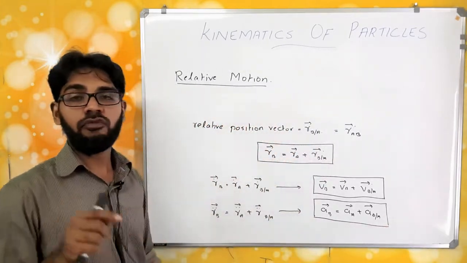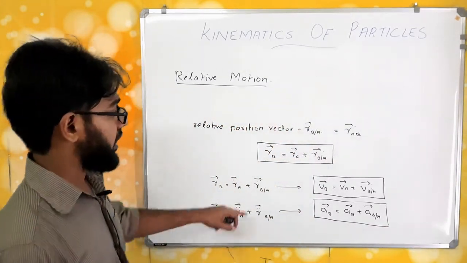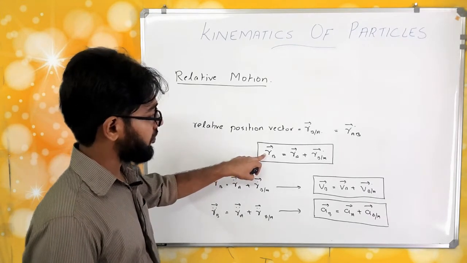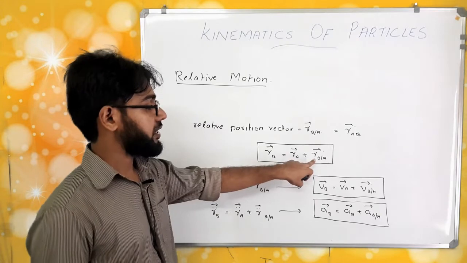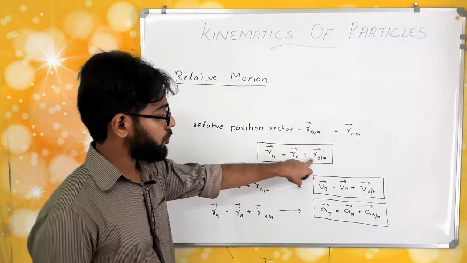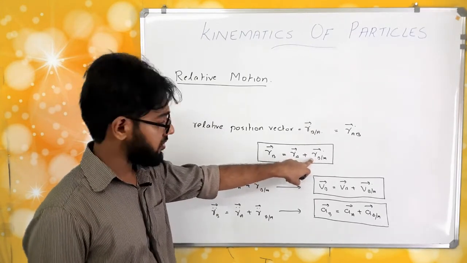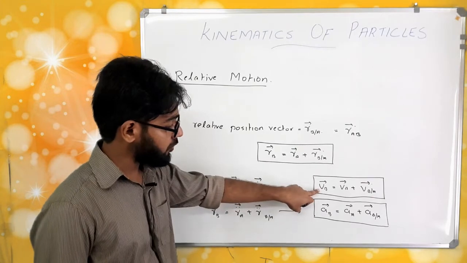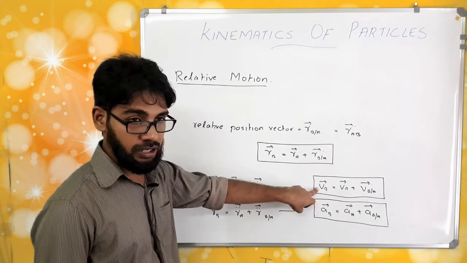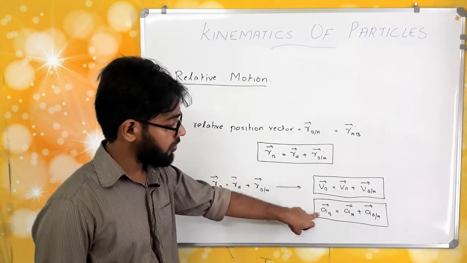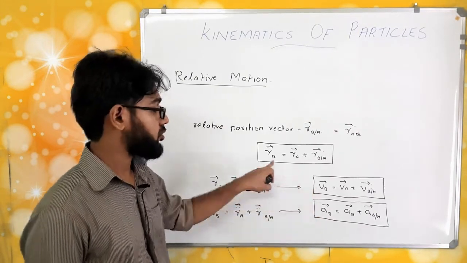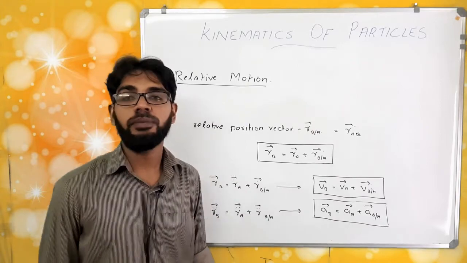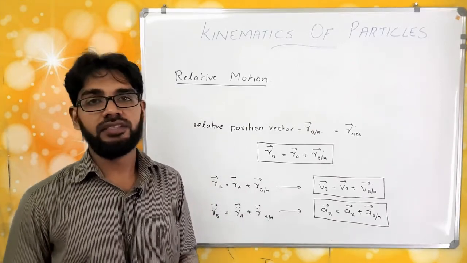So here I can find the absolute position of RB in terms of RA and the relative position RB with respect to A. Similarly, I can find the absolute velocity VB and the absolute acceleration AB, all with reference to the fixed reference frame capital X, Y, Z.